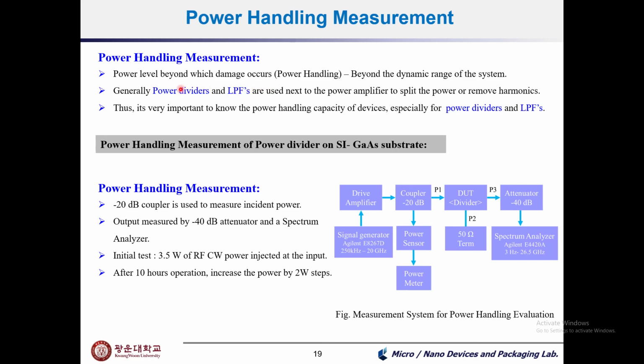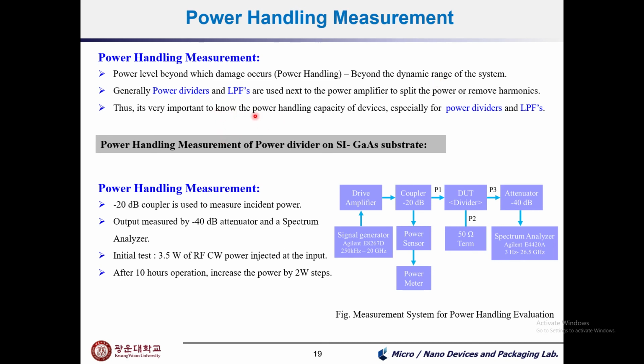Beyond this level, the device may get damaged. However, there is still some safety, as the dynamic range of the power handling limit is far beyond the dynamic range of the system.